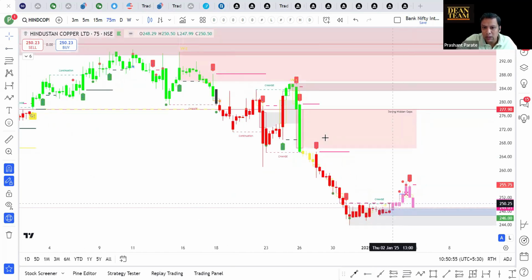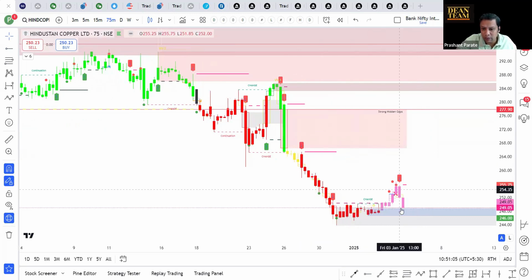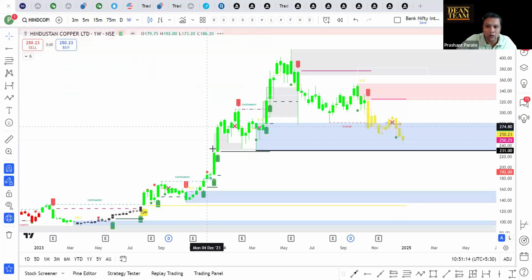On 75-minute, at least one time frame should show that you can take a trade in the direction of that trend. 75-minute is also down, so it's better not to take any trade. 75-minute force is also down, so this buying area is likely to get broken. Prices may fall below this. I won't take any trade in the copper.